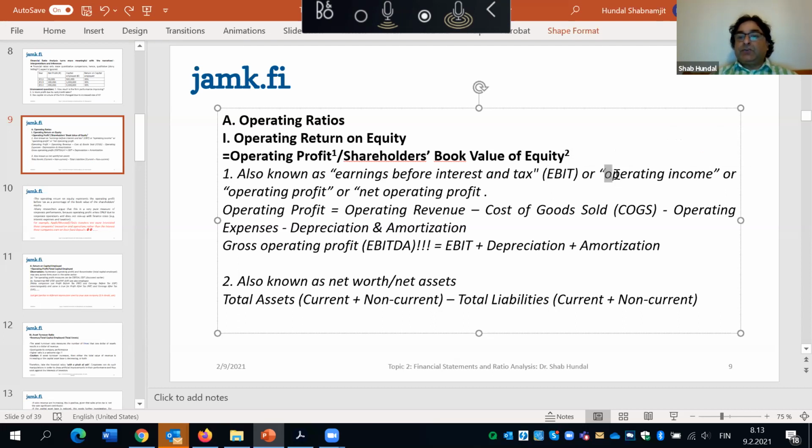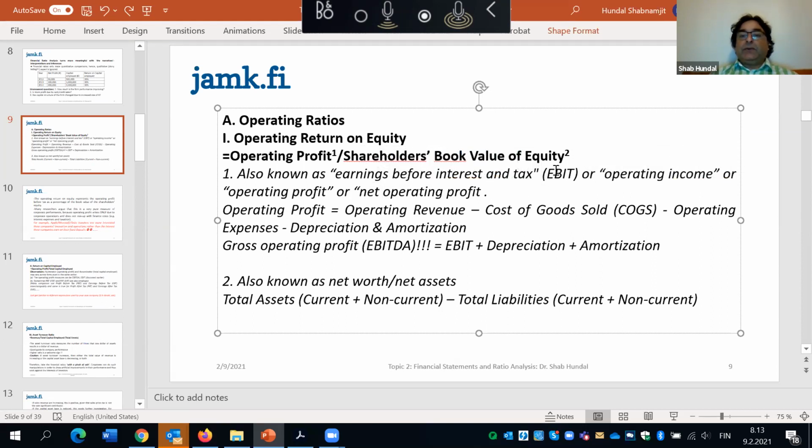Sometimes this is also called operating income. Instead of profit, they use the word income, which is technically incorrect, but some companies use it. So this is operating profit, and sometimes it's called net operating profit as well. These are just synonyms, just in case you are lost.